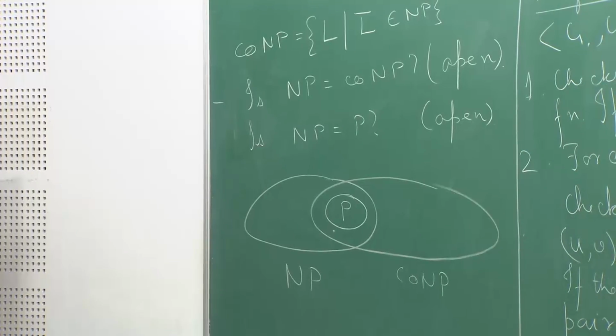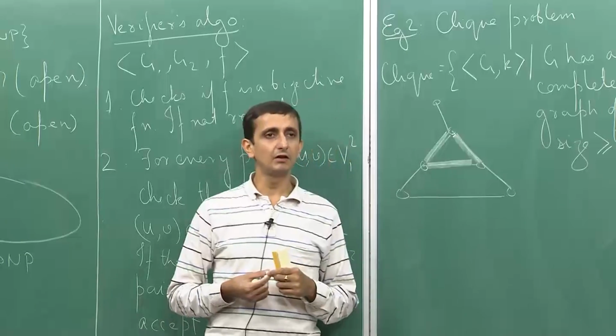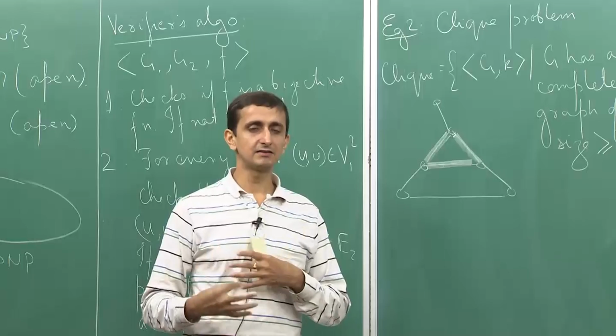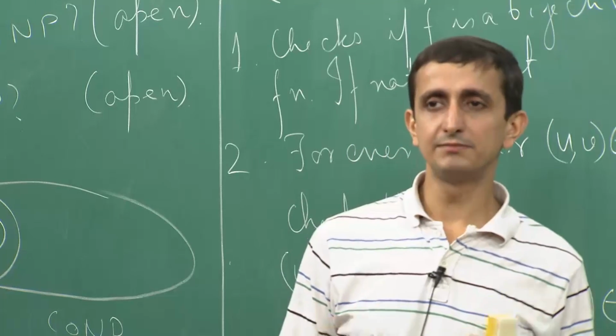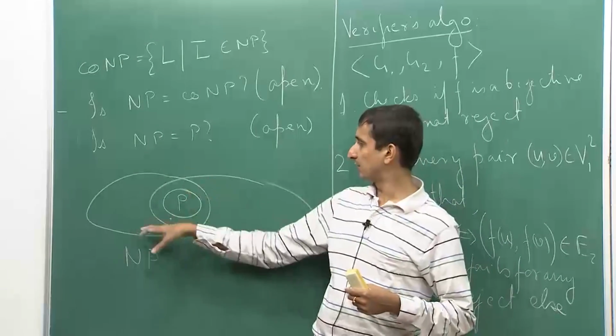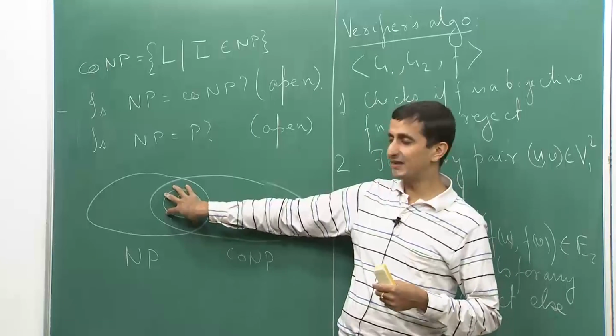So, I will stop here today. In our next lecture we will look at what is known as NP completeness. Okay. So, NP completeness is in some sense looking at the set of hardest problems in NP. Okay. So, if you look at this picture, we can have many problems that are there in NP. Some problems are of course in P as well.